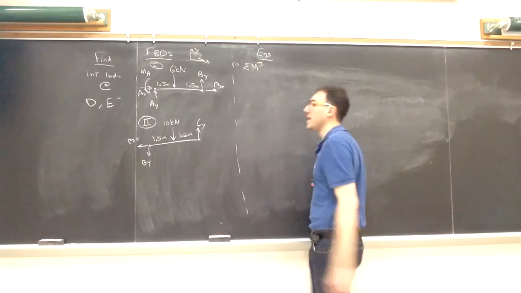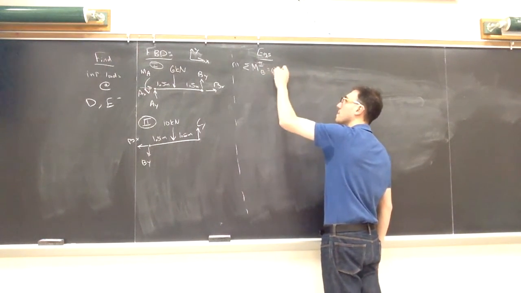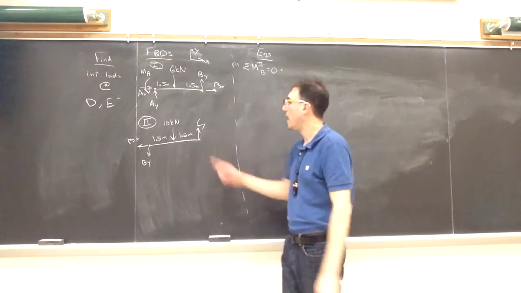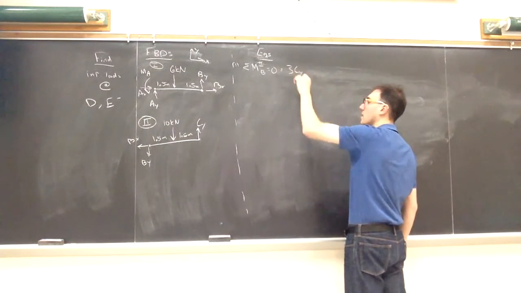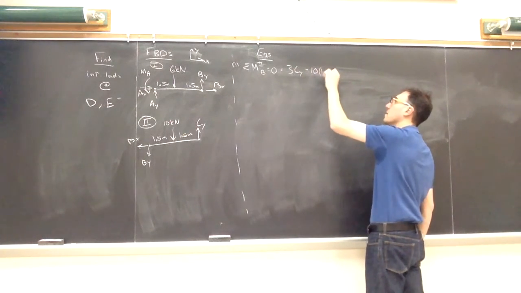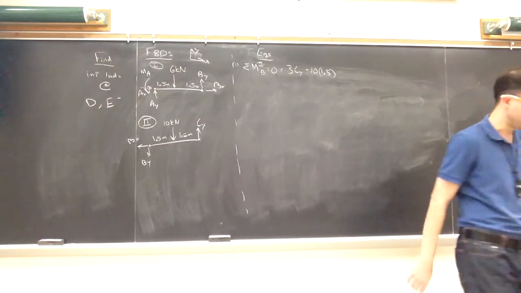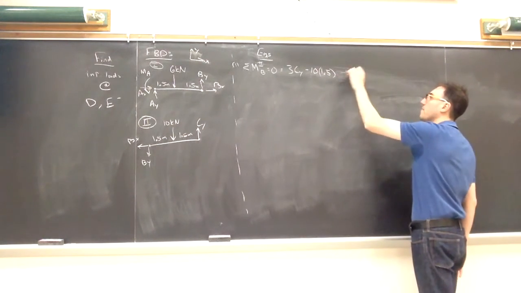In picture 2 then, if I start by summing the moments around B, I'll have 3 times Cy minus 10 times 1.5, in which case I can find Cy is 5 kilonewtons.